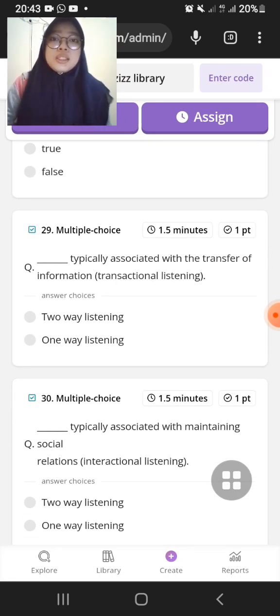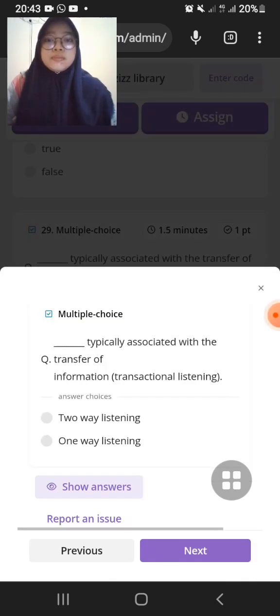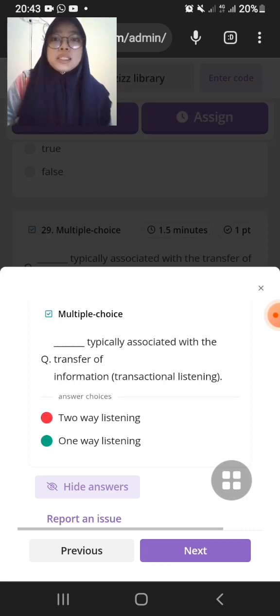Question number 29. Typically associated with the transfer of information. The answer is one-way listening.